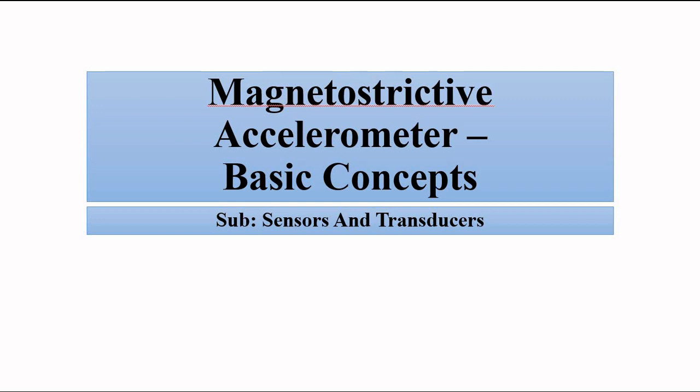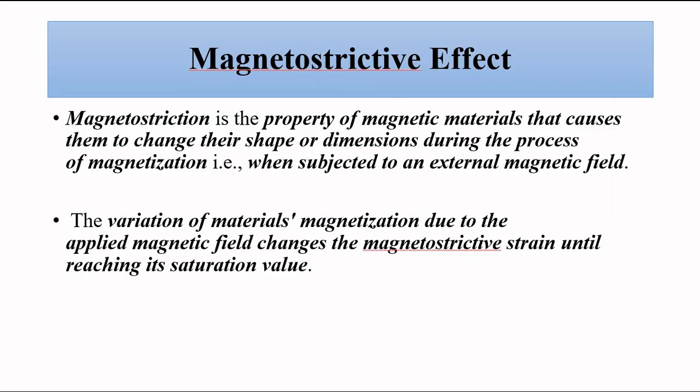Again, as I said, the operating principle is the same in both cases, which is the magnetostrictive effect. The property is that when ferromagnetic materials, which are rich in dipoles, the domains, are exposed to a fluctuating, changing magnetic field, they undergo a change in shape, size, and dimensions.